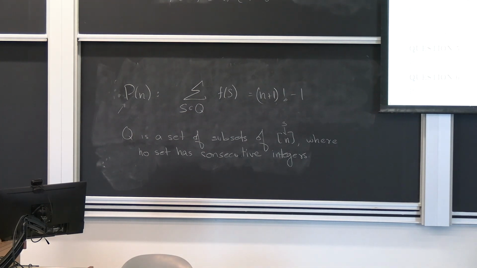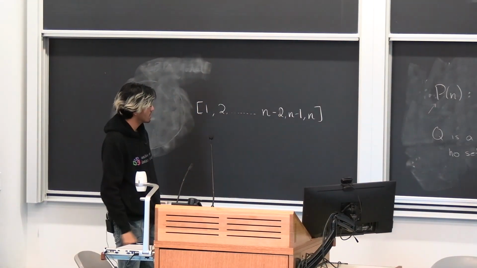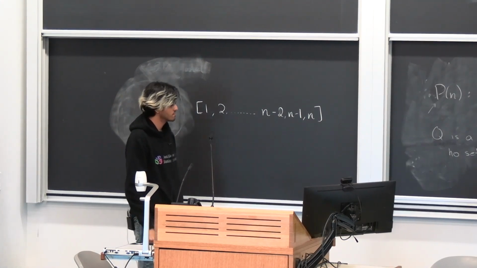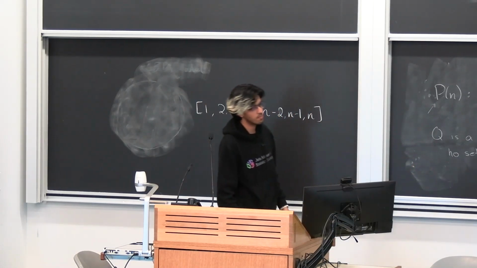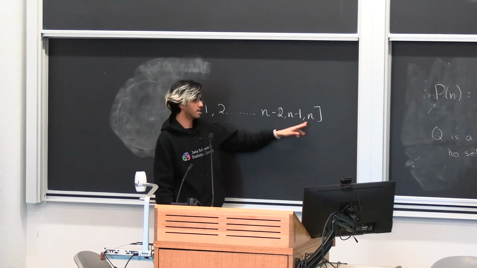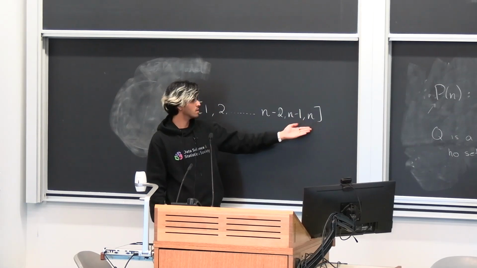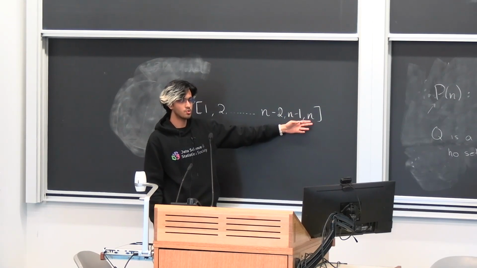Consider n minus 2 and n minus 1 and n. Within all the sets that don't contain consecutive integers, can you partition them based on whether or not that set contains n? Any such subset could include n or it couldn't. So there are 2 cases. Try to explore those 2 cases.